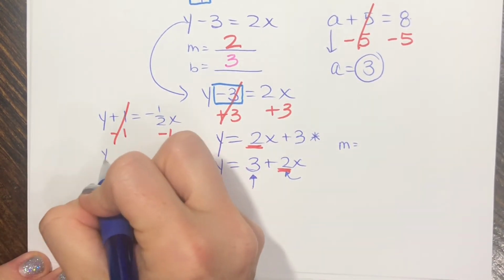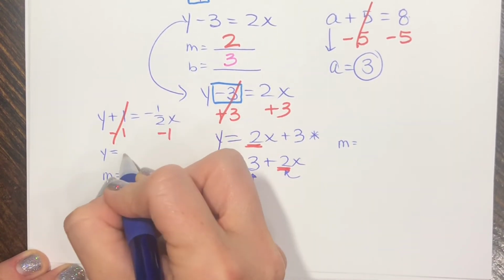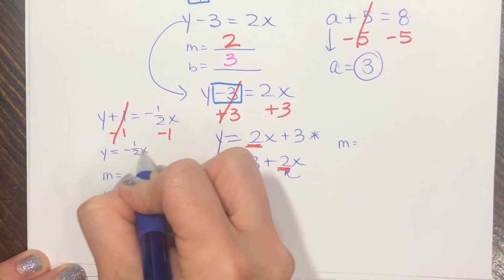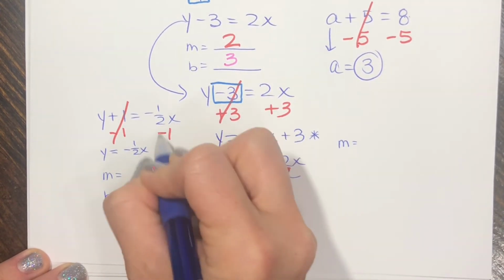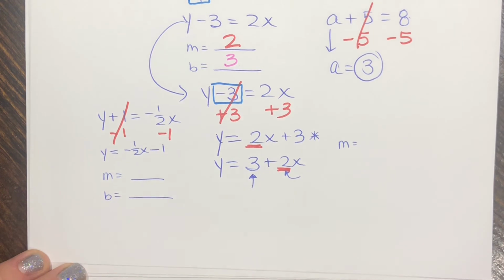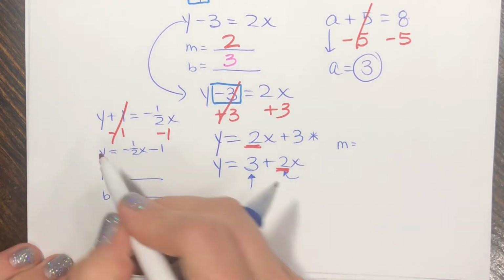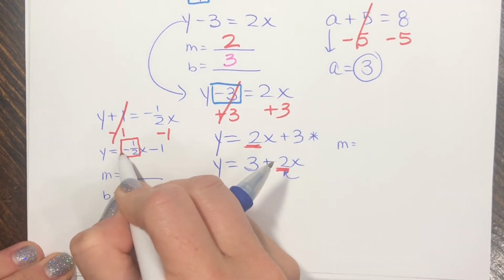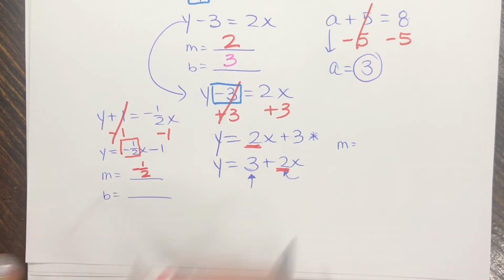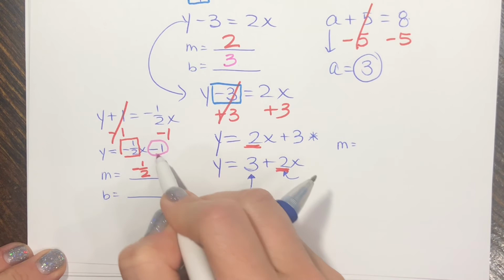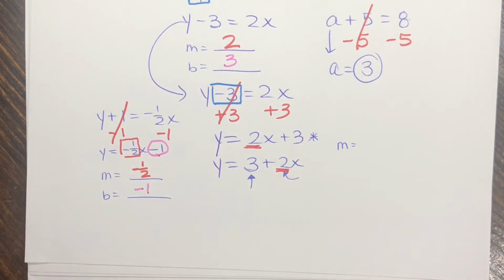Let me get my y by itself, and I like it when my x is on the left. And then I'm going to take that -1 and put it here, which makes it very easy for me to see that my slope, something's decreasing by half, 50 cents, whatever you want to say, and my b value is -1.